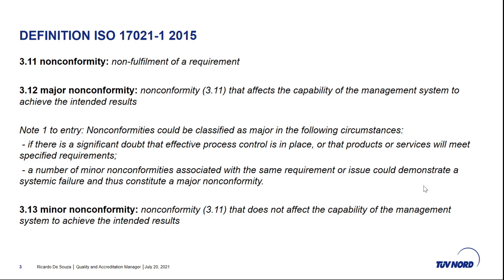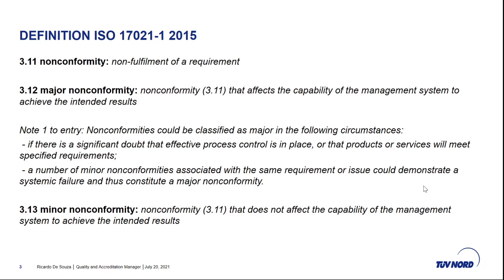So it can be a non-fulfillment of a requirement from ISO 17021-1. It can be a non-fulfillment of a requirement of our internal procedures. And it can be a non-fulfillment of a requirement of any other relevant regulation, like the IAF documents.